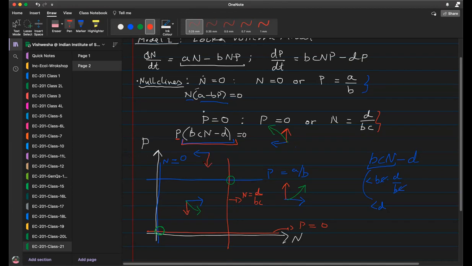So both of them are reducing. The reason why prey are reducing is there are too many predators. The reason why predators are reducing is the number of prey are not enough. So this is the overall flow. Is this clear to everyone, by the way?